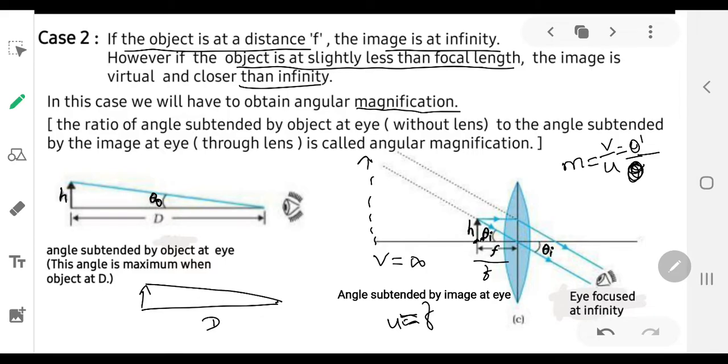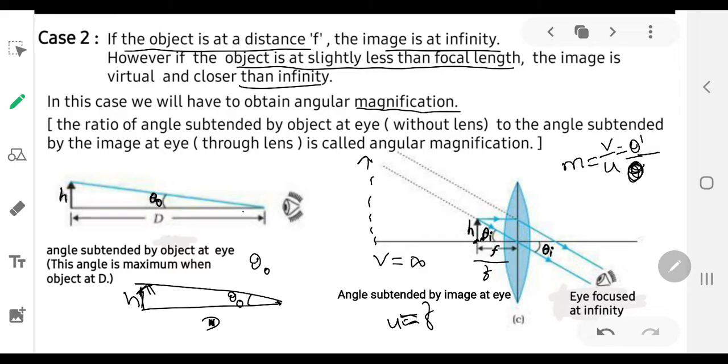So the minimum distance where you can place the object in front of the eye is d. h is the height of the object, and theta naught is the angle subtended by the object at the eye. Here we are considering without the lens. Without the lens, this angle is maximum when the object distance is d.